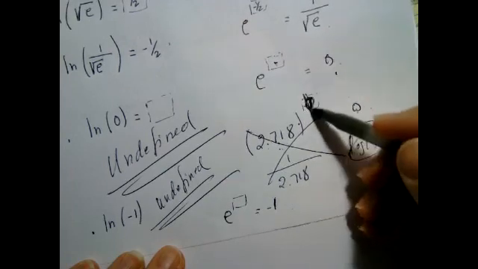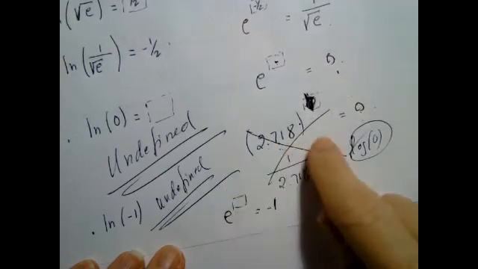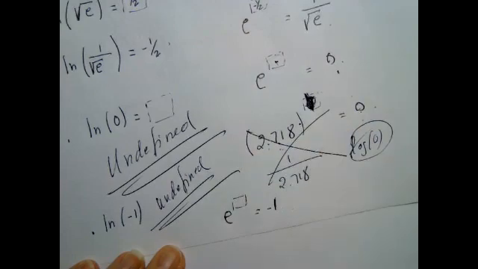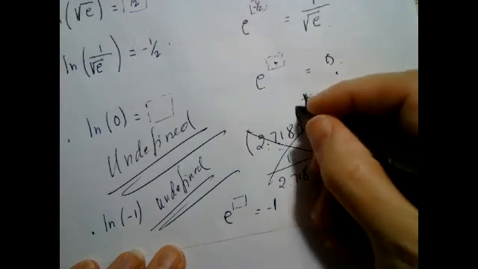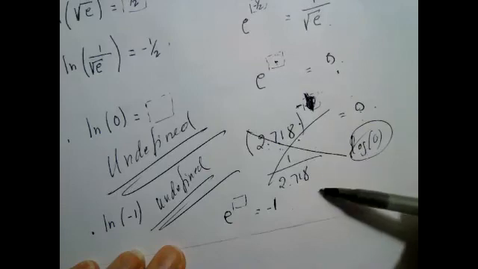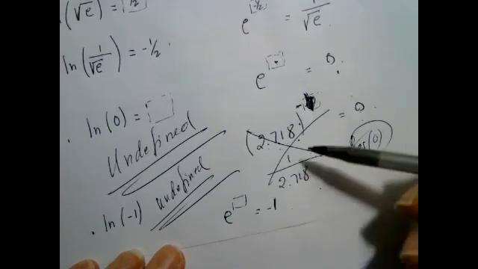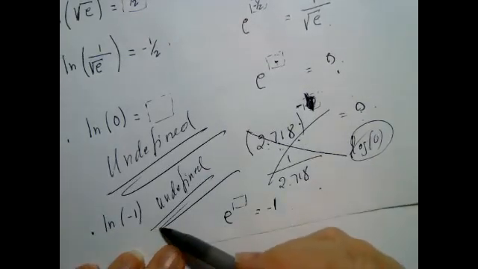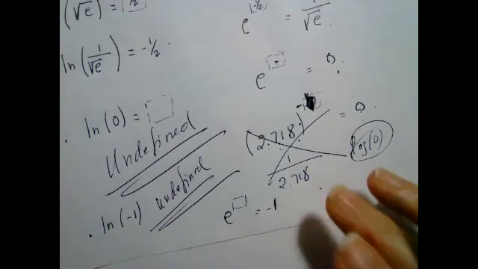If you take it to the power 1, it's 2.7. To the power 2, you multiply it by itself. If you take a negative power, it's 1 over it. It doesn't make it negative. So ln of -1 is absolutely undefined.